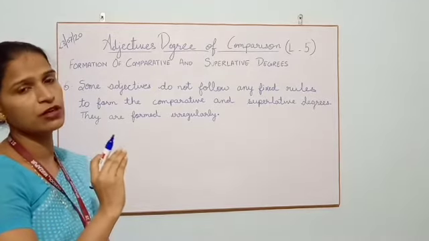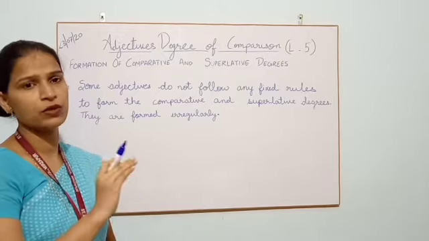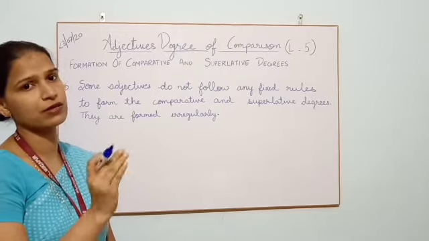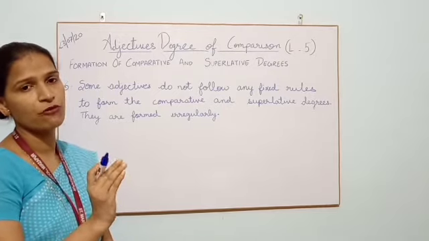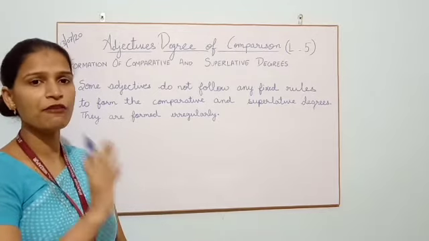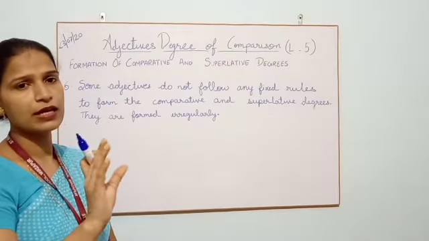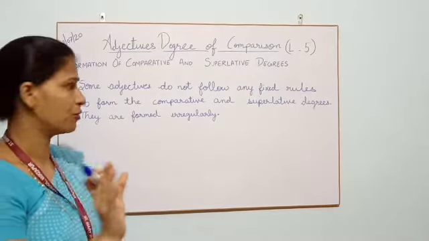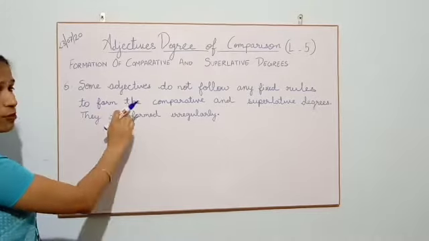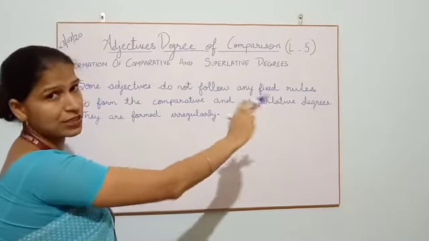Till the fifth point, we have studied so many rules, in which cases we can form comparative and superlative degrees from the adjectives. But here the sixth point says that there are a few words that do not follow any sort of rule to form the comparative and superlative degrees.